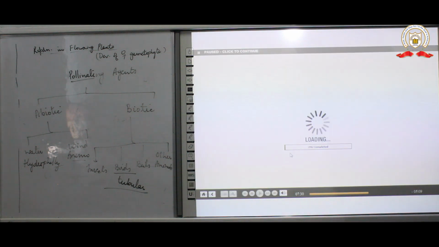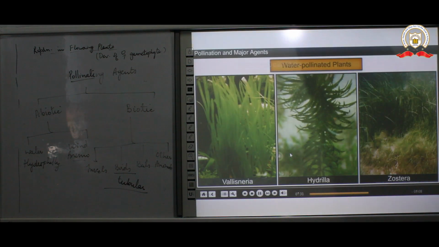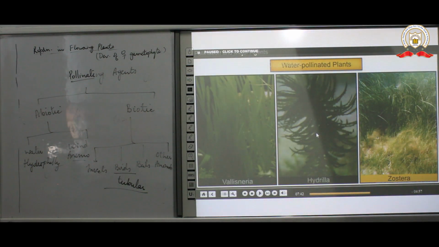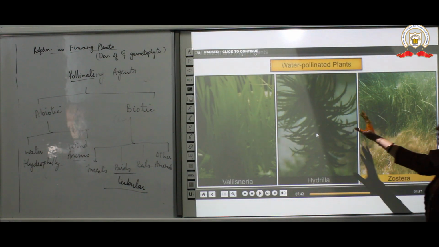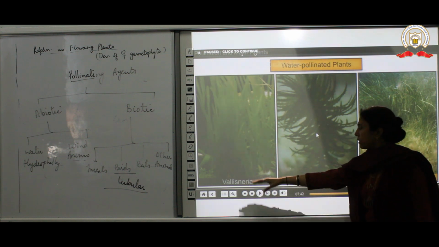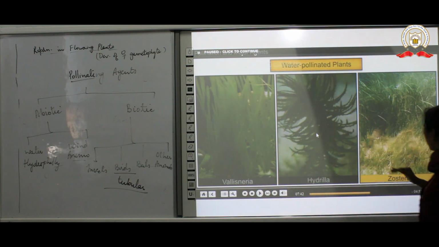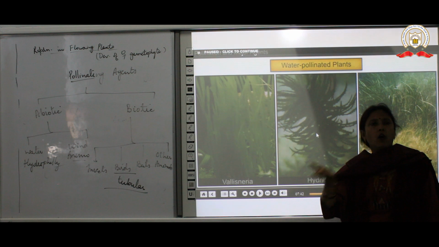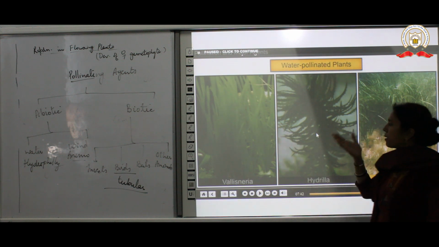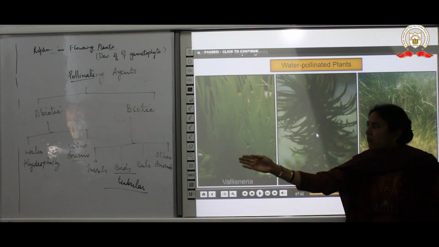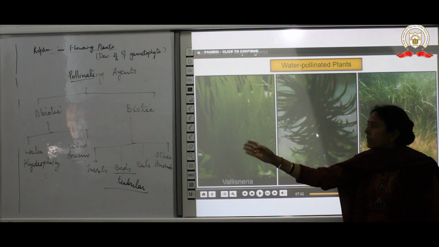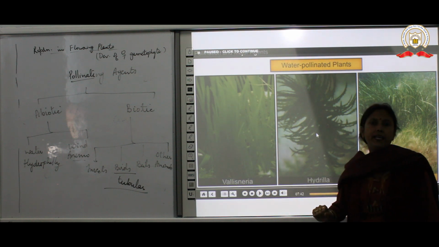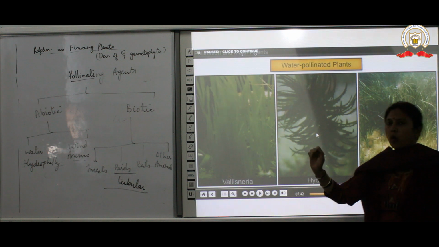Now when we look at another example of water pollinated plants, we can see that there are certain plants which are under submerged water: Vallisneria, Hydrilla and Zostera. There are many other aquatic plants also, but their flowers are exposed onto the surface and they are pollinated either by wind, or by biotic agents like insects or birds.